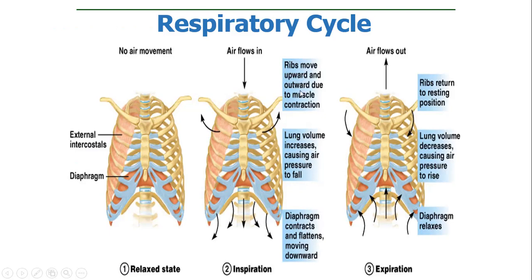Ribs move upward and outward due to muscle contraction. So air flows in. In the other case, in expiration, diaphragm relaxes, ribs return to resting position, lung volume decreases, causing air pressure to rise. This is the air flows out.